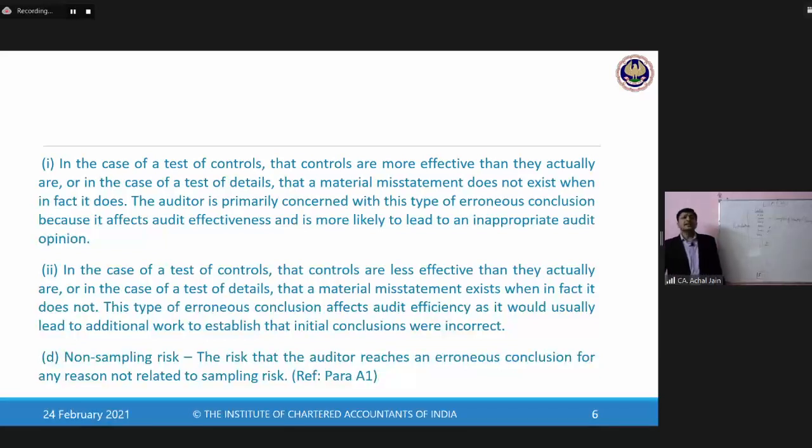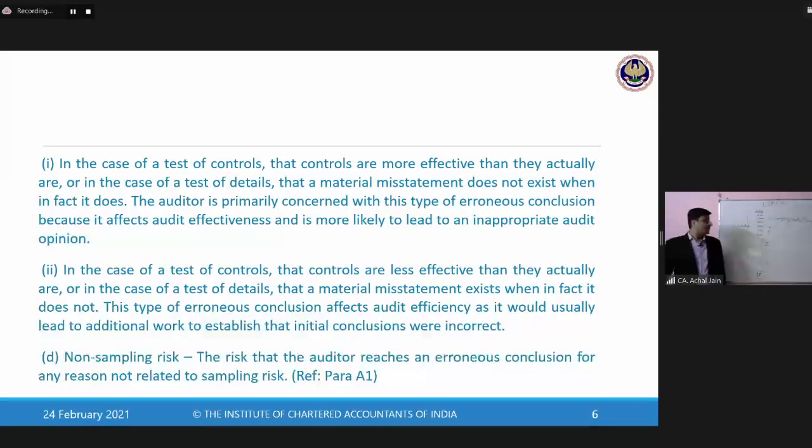Now, these are certain limitations of the samples, and these cannot be ignored. Why? Because audit, first of all, cannot be conducted by picking up each and every sampling unit. So that's why the auditor has no choice but to do his testing on a selective basis.